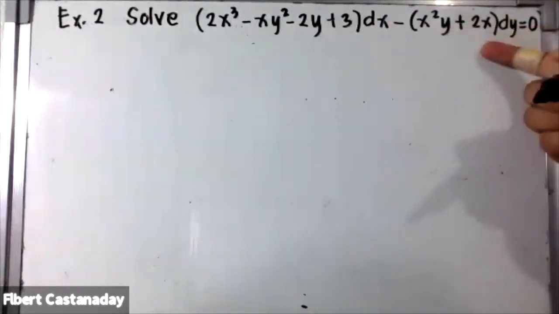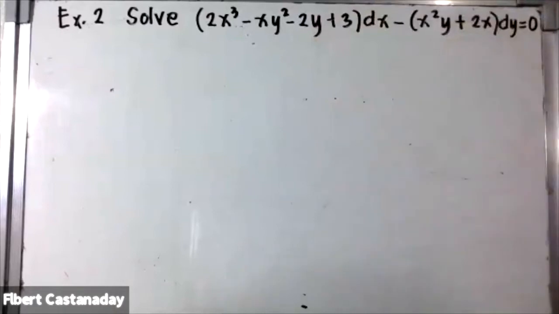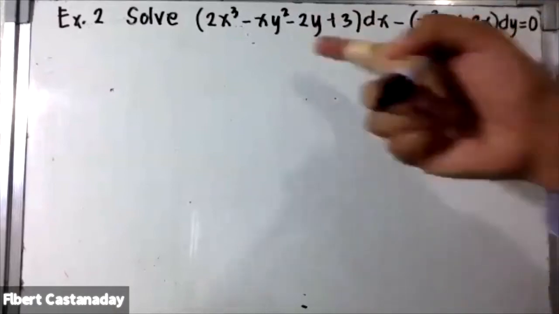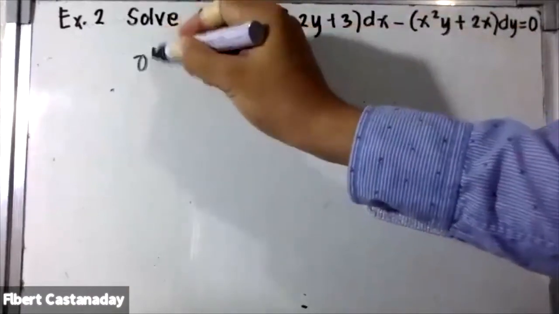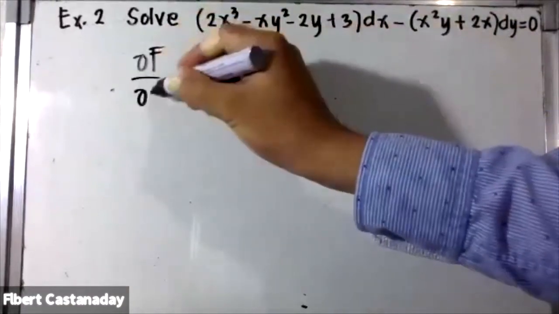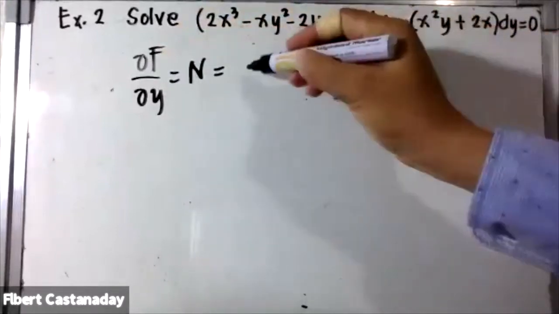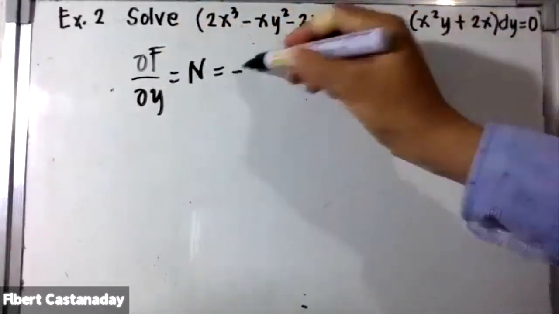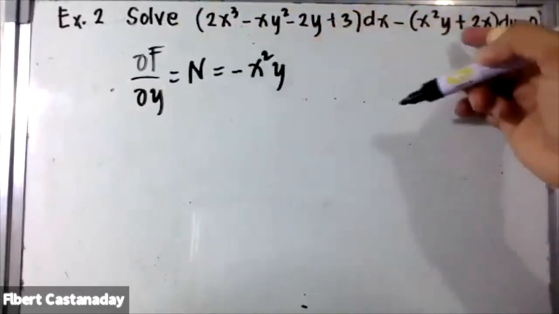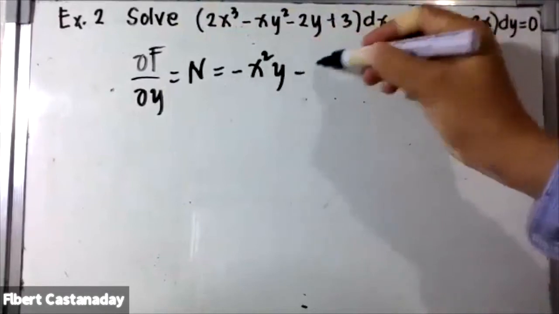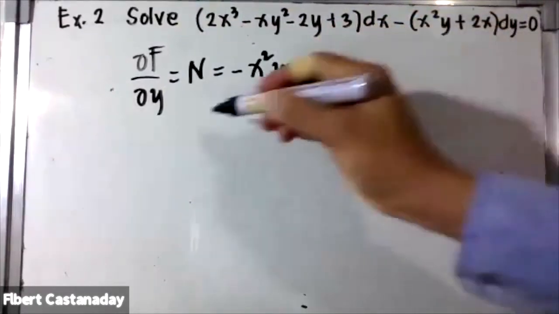It looks simpler compared to M. So we set N. N, as you know, is the partial of F with respect to y. That is your N, and we include the negative sign here: minus x squared y, and we distribute the negative sign, so minus 2x. So this is our starting equation.